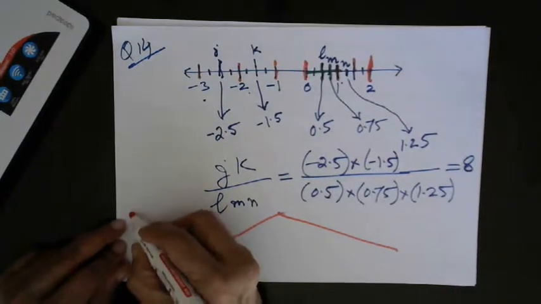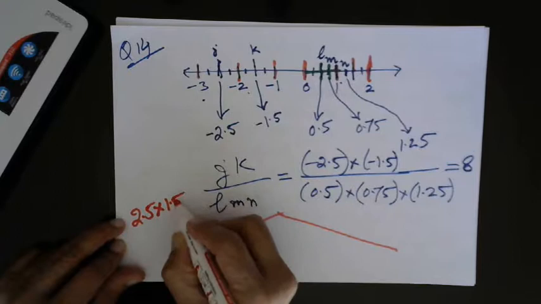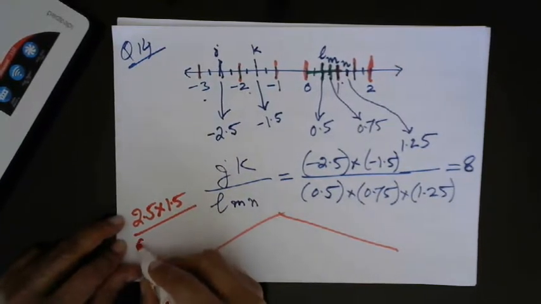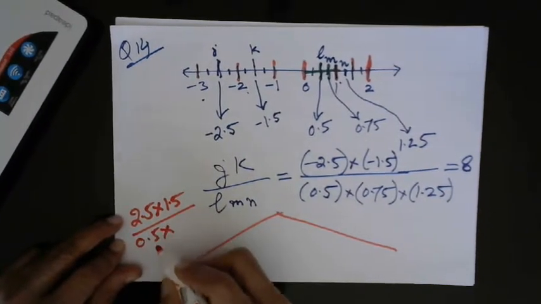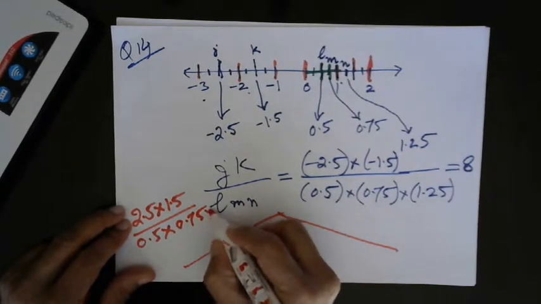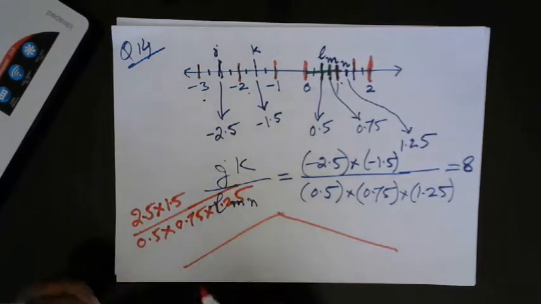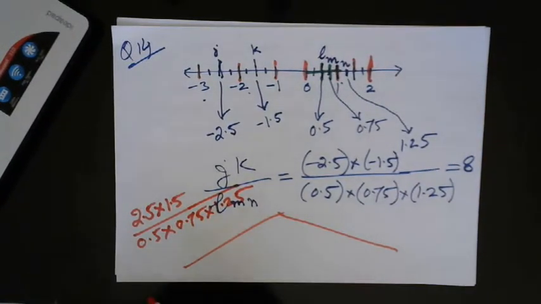So you have actually 2.5 times 1.5 divided by 0.5 times 0.75 times 1.25. Okay, now multiply these two and you will get what? Let me use the calculator.